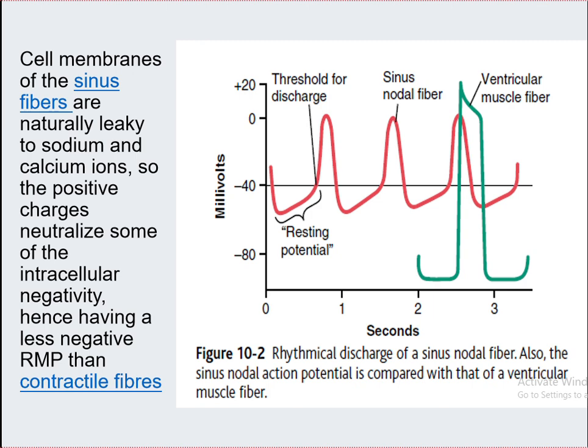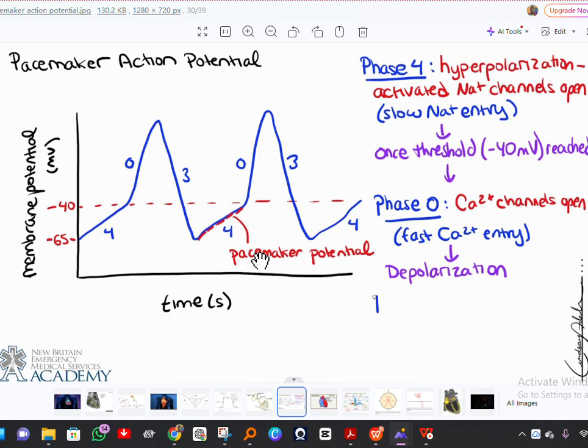So someone may still have a question: how is the sinoatrial node able to fire impulses continuously and rhythmically? That is from cardiac physiology, and the explanation is that it is mainly due to the funny currents that we talk about in the pacemakers.